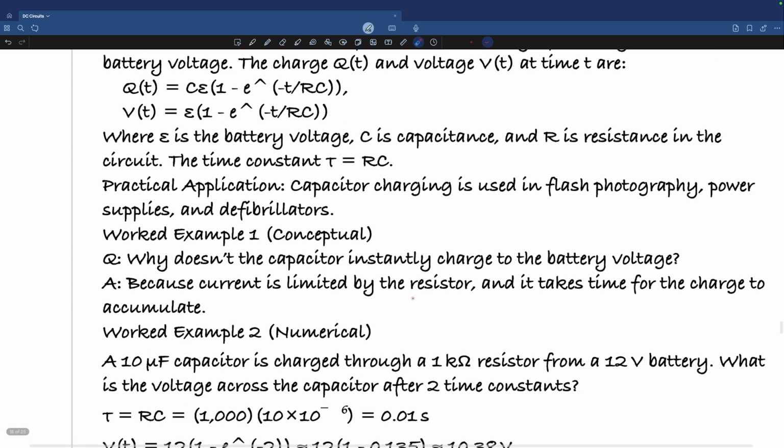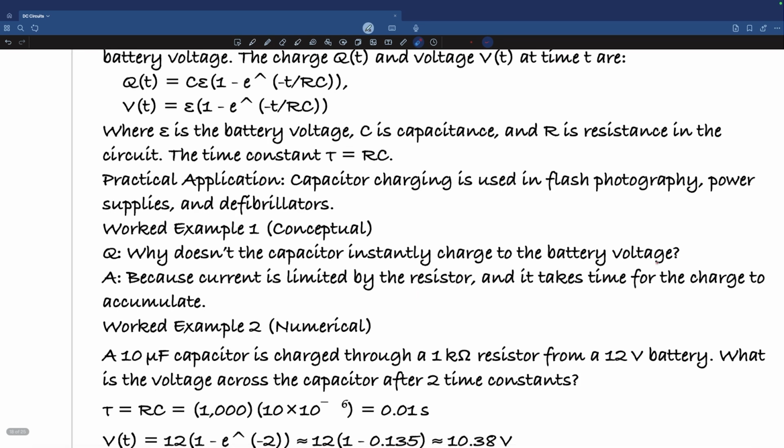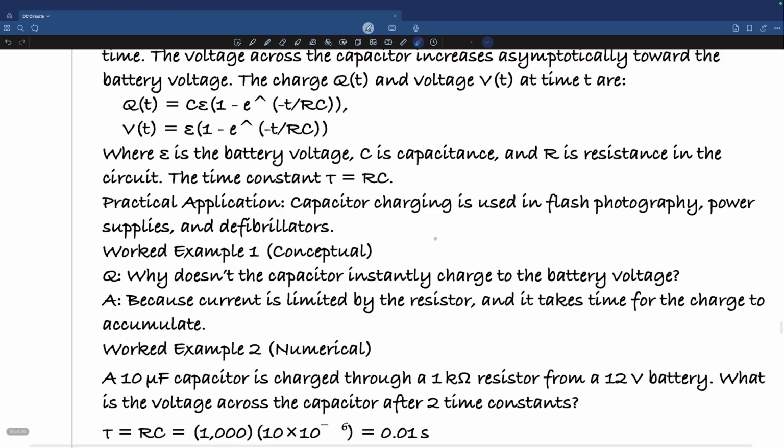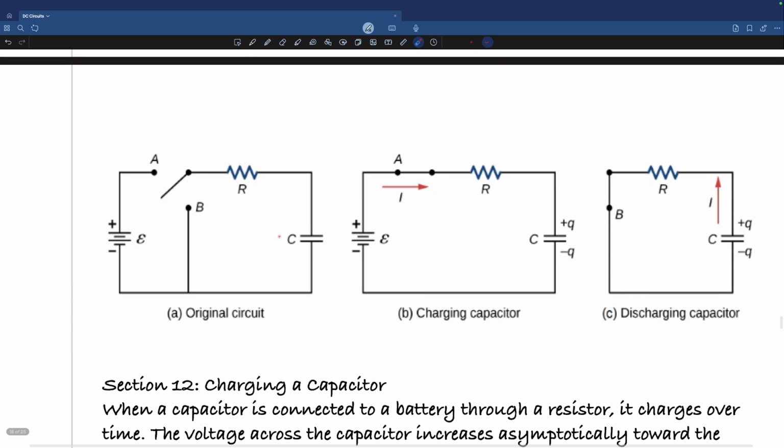Why doesn't the capacitor instantly charge to the battery voltage? We do not want it to. Just think, if you connect a capacitor directly to a battery without a resistance, you're going to blow up the capacitor. It's gone, because you're trying to give it a charge instantaneously and it can't handle it.